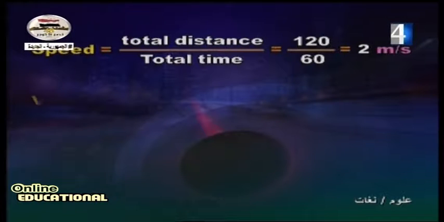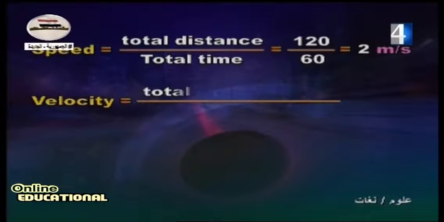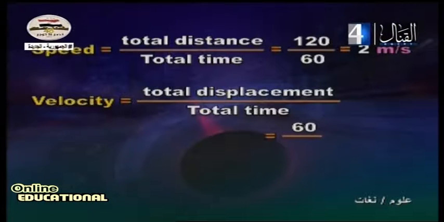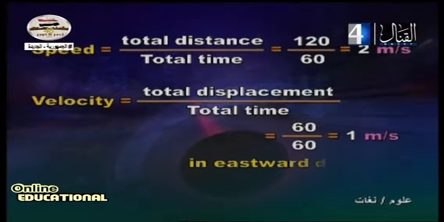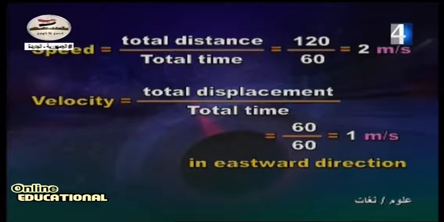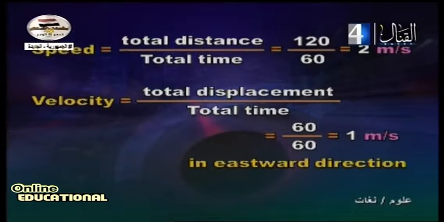For velocity, it is total displacement over total time: 60 over 60 equals 1 meter per second in the eastward direction. Notice that velocity has the same direction as the displacement. Velocity has magnitude and direction. To determine speed, I want magnitude only, like distance.